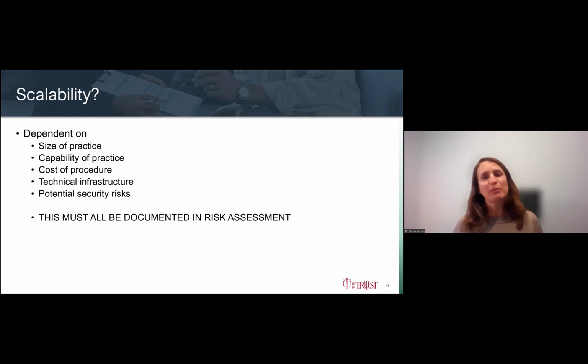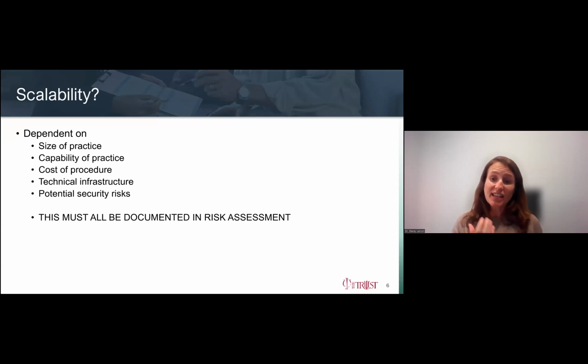I talked about scalability, and I want to expand on that a little bit. The security rule is based on 3 different principles: scalability, comprehensiveness, and technological neutrality. It's a bit of a mouthful, but scalability was put in place to make sure that the security rule can be effectively implemented by covered entities of all types and sizes.